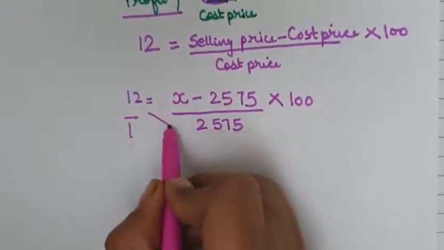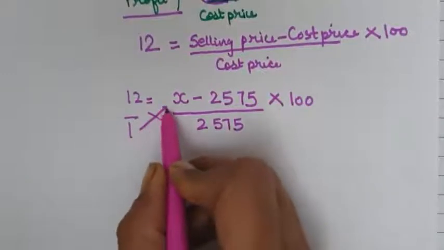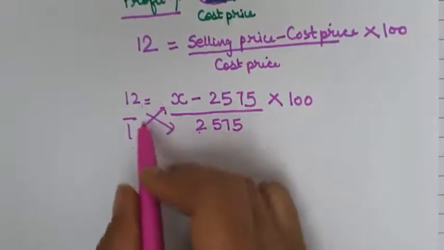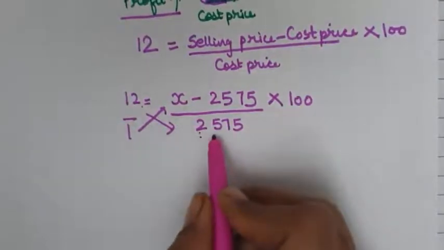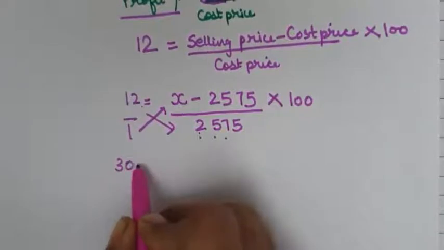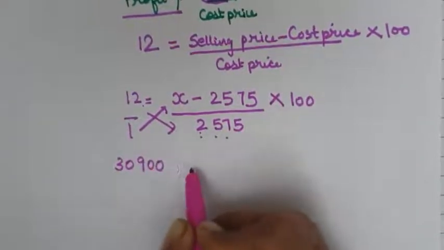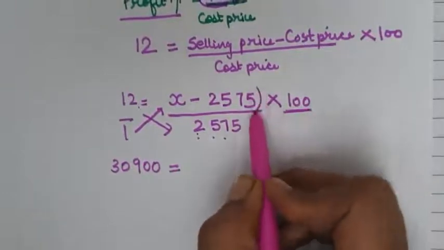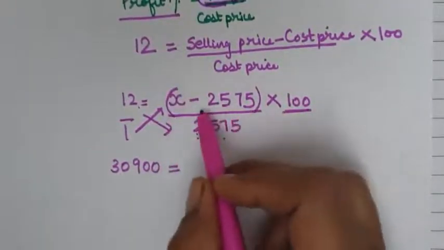So now do the cross multiplication. 12 into 2575 gives you 30,900, and now 100 will multiply with these two values.